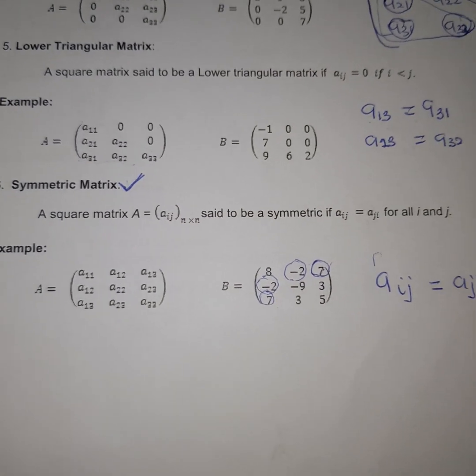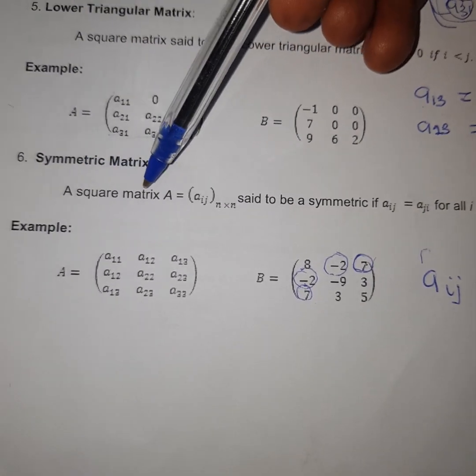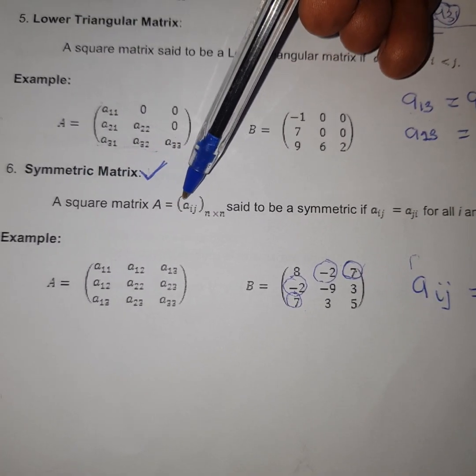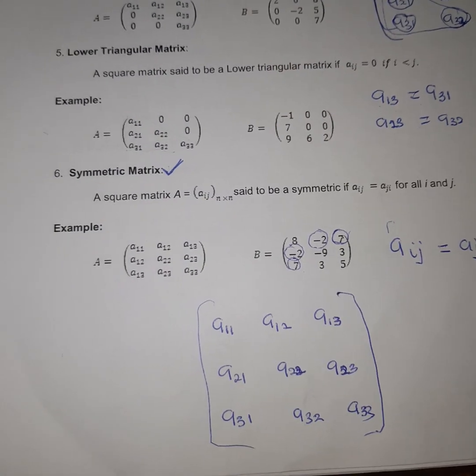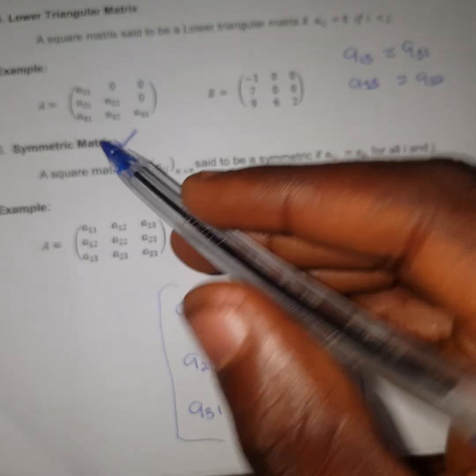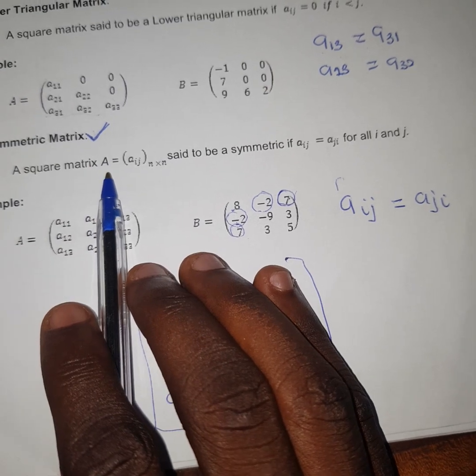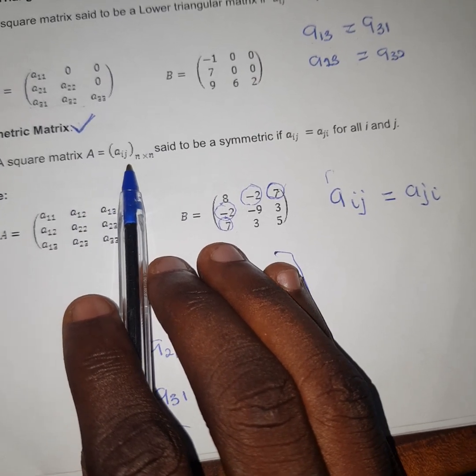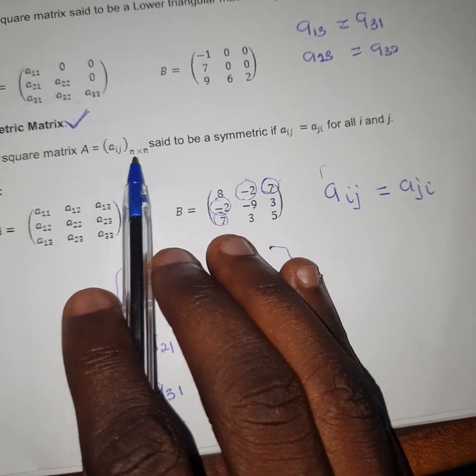Now what is a symmetric matrix? A square matrix A is equal to Aij, n by n. This n by n is just telling you that it's a square matrix.